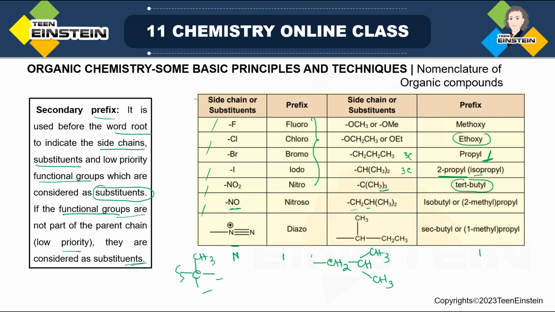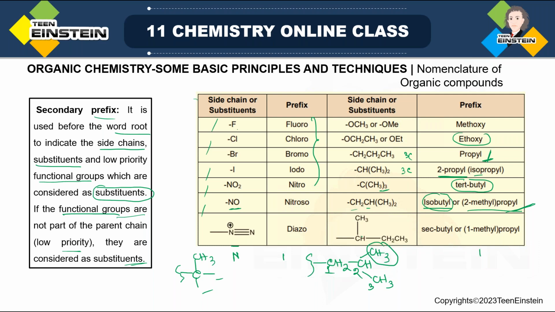But if the branching is like this, it will be called isobutyl, or 2-methyl propyl, because if you number it, at the 2 position there is a methyl. That is why 2-methyl propyl. But for simplification, the isobutyl term is better. Sometimes if you find 2-methyl propyl, that is also actually isobutyl.